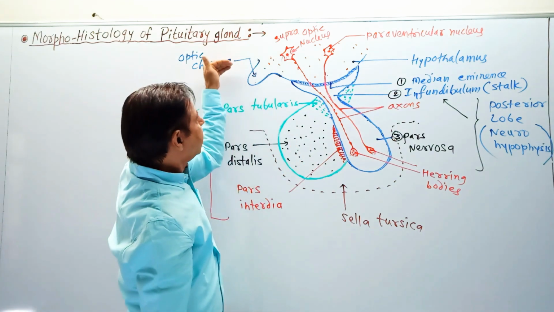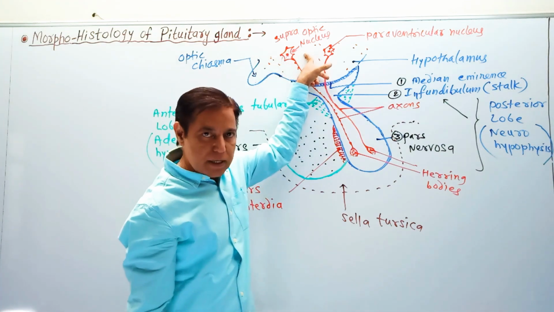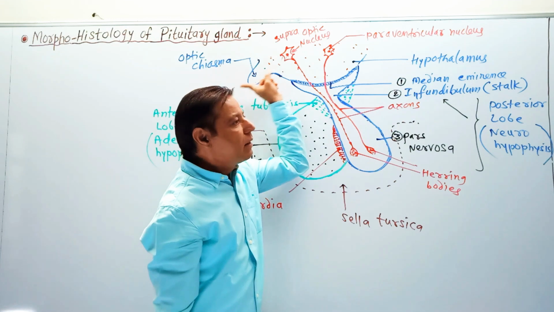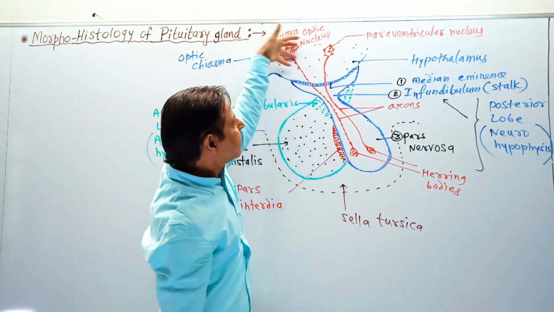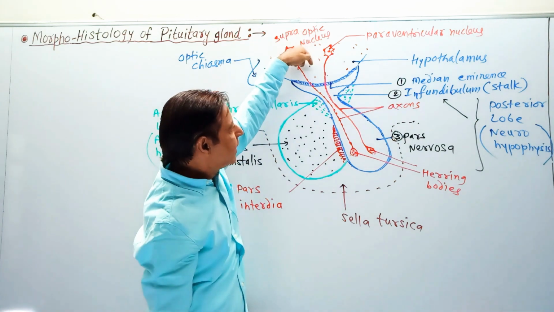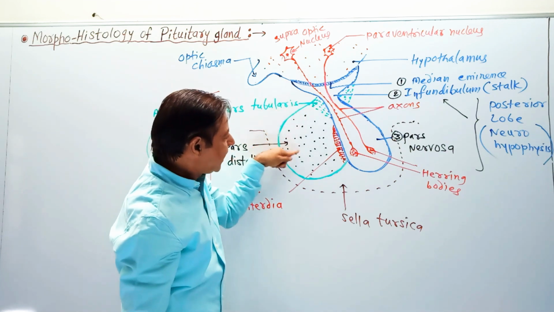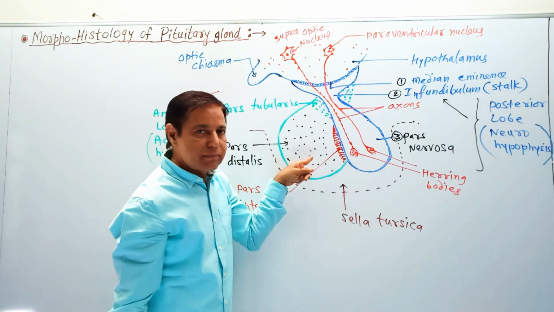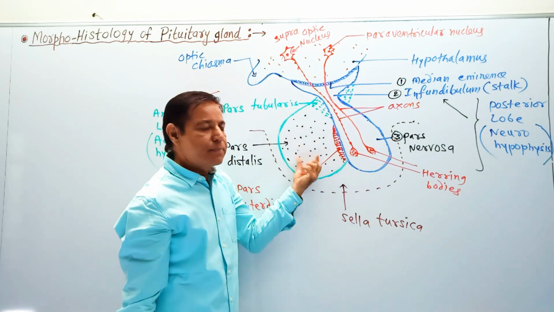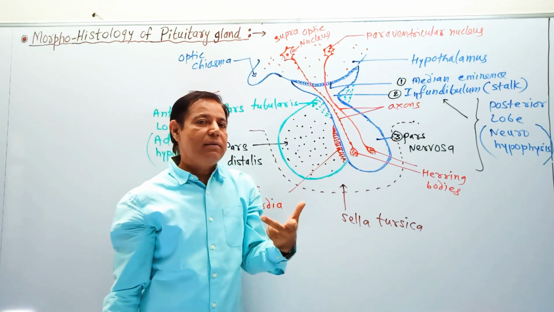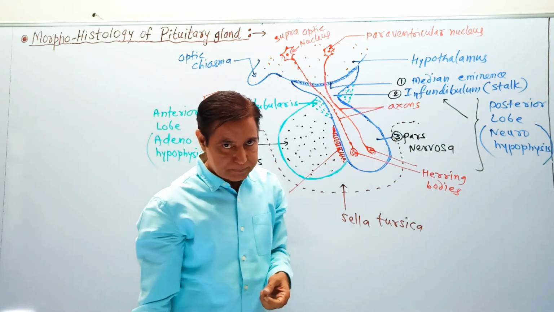When the arterial blood vessel reaches the hypothalamus for blood supply, it forms many capillaries, and then forms a vein. The vein comes out from the hypothalamus and again forms a capillary network, a venous capillary network inside the pars distalis, which is called the portal system, the hypophyseal portal system.